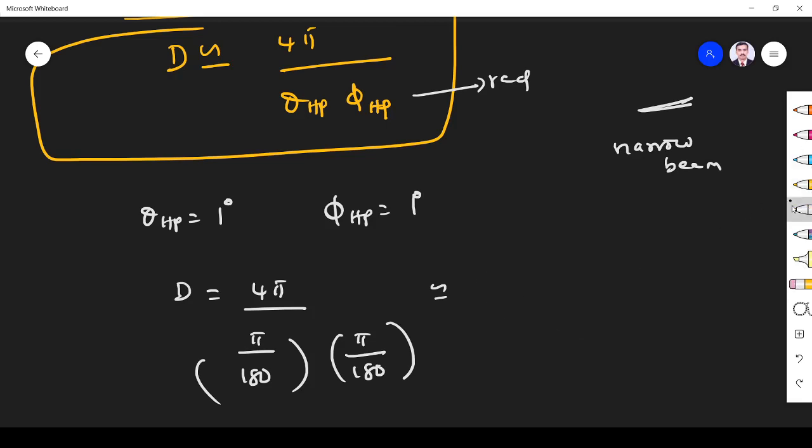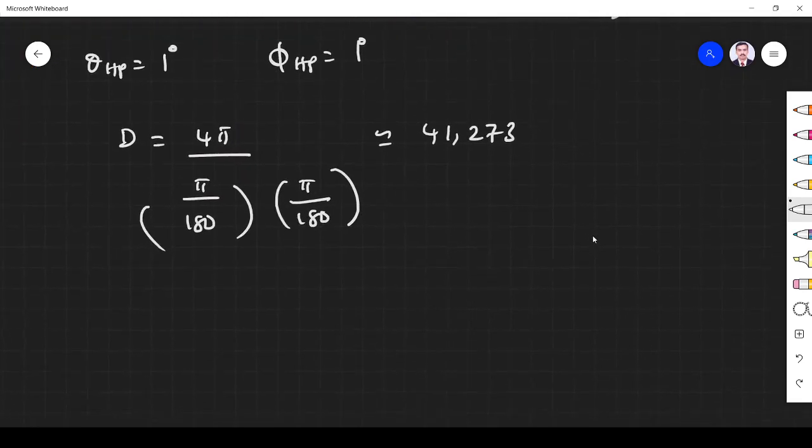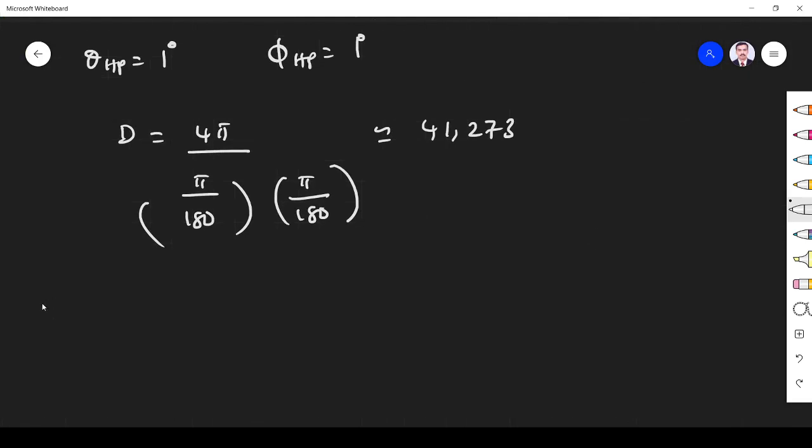What is the meaning of a directivity of 41,273? Let us assume D is approximately equal to 42,000.